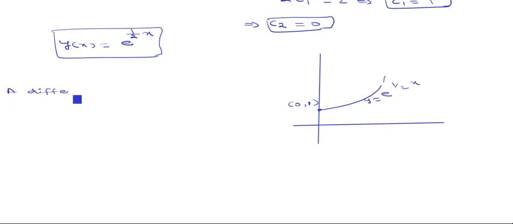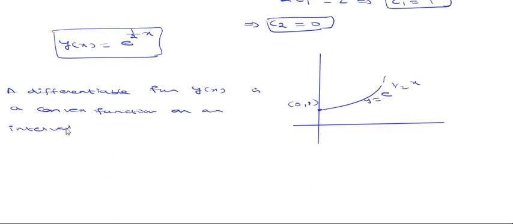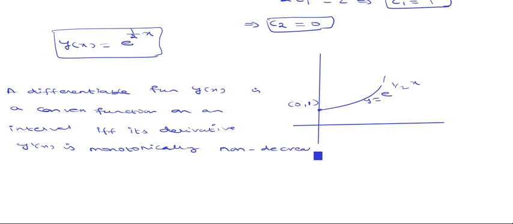A differentiable function y of x is a convex function on an interval if and only if its derivative y dash of x is monotonically non-decreasing on that interval.